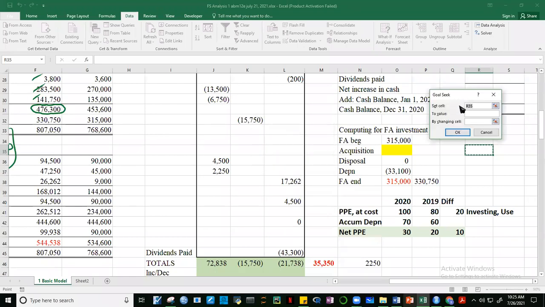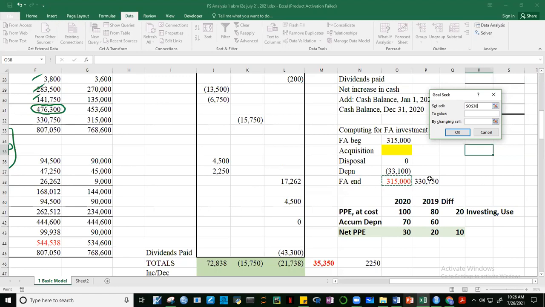Okay, in our model, guys, set cell. Sabi set cell. Ano gusto natin? Gusto natin na yung fixed asset end, yung dulo, dapat magkano siya? $137.50. Yes, correct. So dapat ililink natin dito yan.